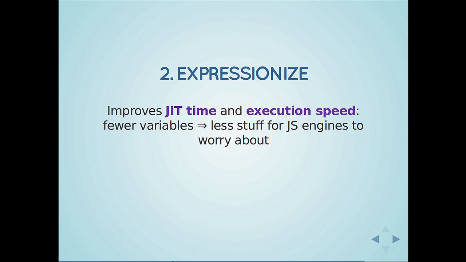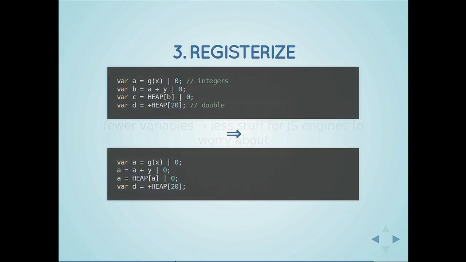That's just not going to work at all. And even in the higher end JITs, the amount of time it takes them to compile the code depends on the number of variables because they'll analyze all the things that they need to do register allocation. So just reducing variables is very good for performance, and it also lowers code size, which is nice because on the web we're typically sending the data over the network.